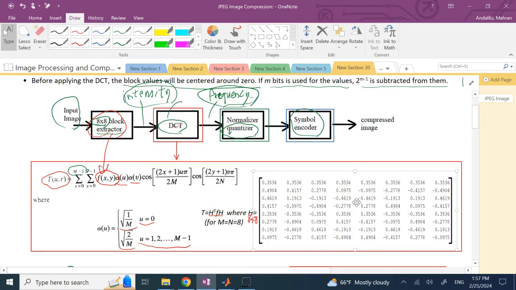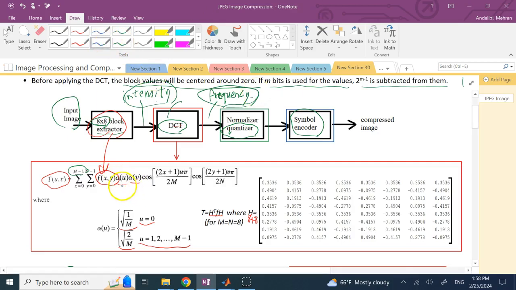And what is H? Well, you can show that for 8 by 8, this is the H matrix, which is basically coming from these two cosine functions. Of course, one of them, not both of them, because you see here one of them is multiplied in one direction and the other one is multiplied in the other direction.